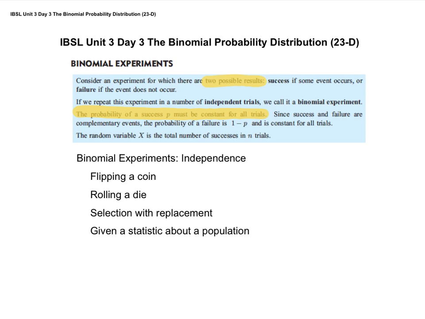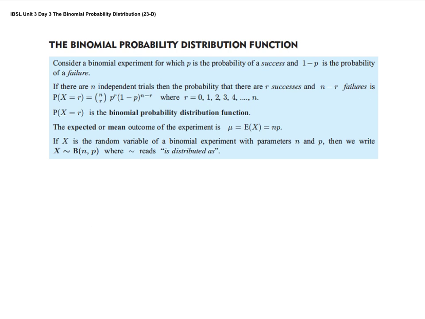And partly we do it because we don't know the exact number. To figure it out exactly, we would have to know the exact population of the U.S., which we never know. Okay? So, those are the binomial experiments. Let's look at this a little more mathematically. Okay? The binomial probability distribution function.